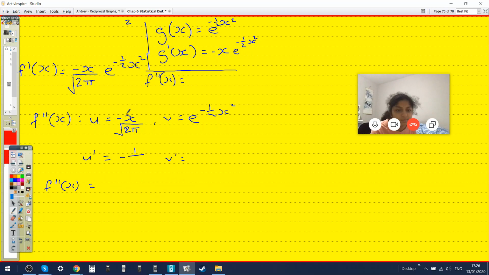So the first one, the derivative of this is minus 1 over root 2 pi. The derivative of this one, minus x e to the power of minus half x squared. And the chain rule is u v dash plus v u dash. So u times v dash, v times u dash.